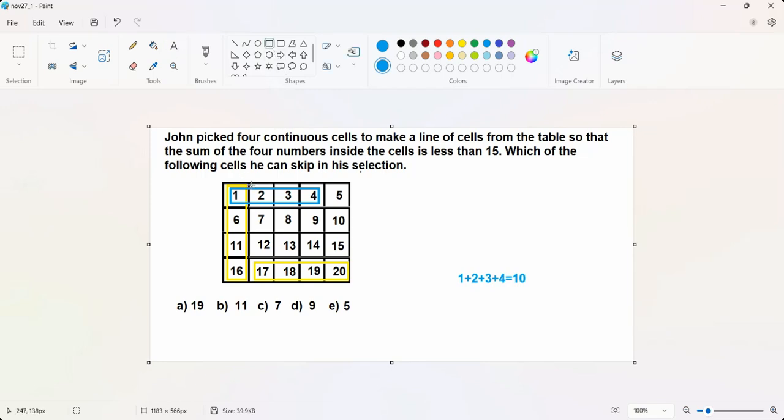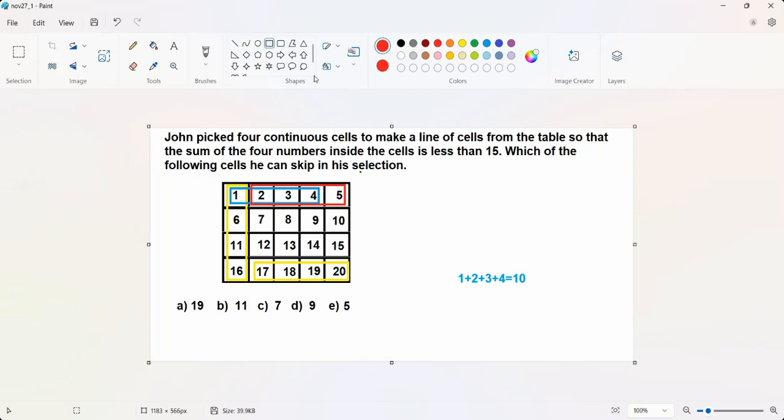So let's see what happens if we select these four numbers. Let's say, yeah, we color it red. So 2, 3, 4, and 5.